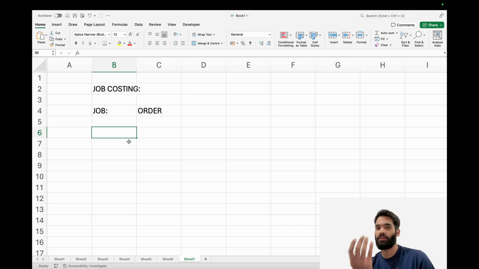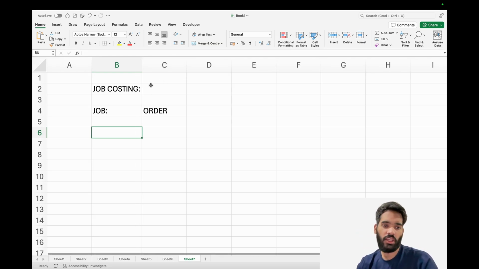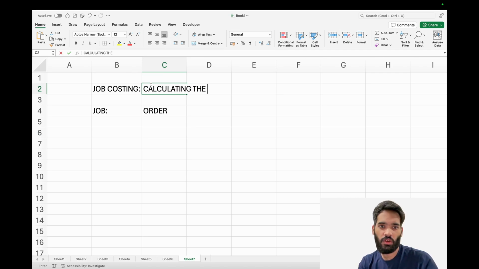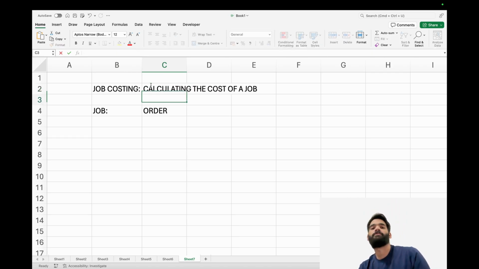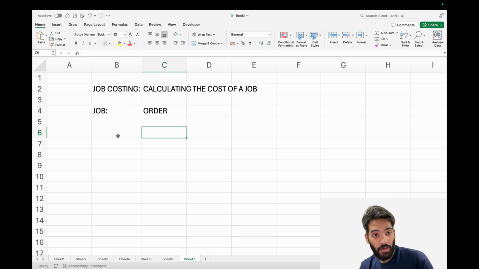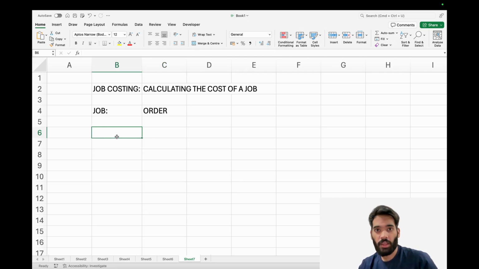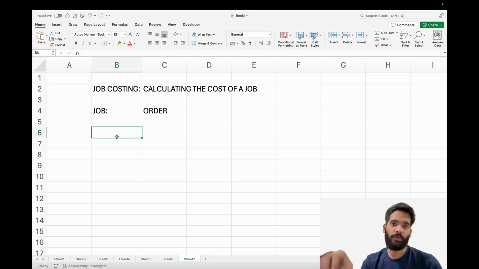We need to find the cost of that order so we can add our profit margin and then tell the price. So job costing means calculating the cost of a job. Just keep that in mind. When we are doing job costing, we are calculating the cost of a specific order, a specific job.